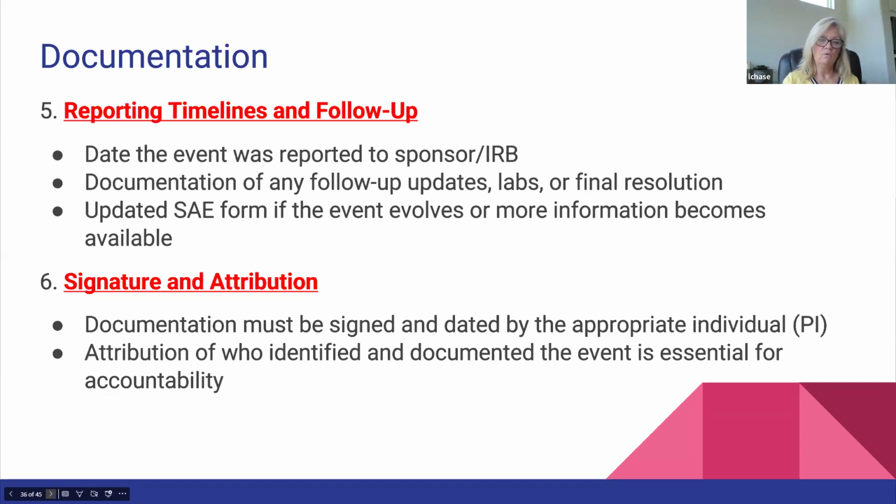Sometimes if they don't have a specific one, just include all that information that I had told you. Signature and attribution: the document must be signed and dated by the appropriate individual, such as the PI. Attribution of who identified and documented the event is essential for accountability.